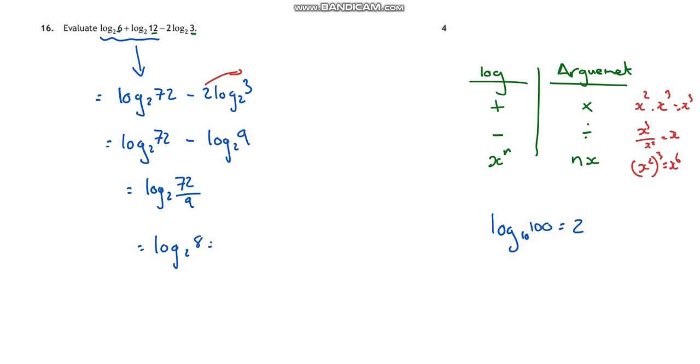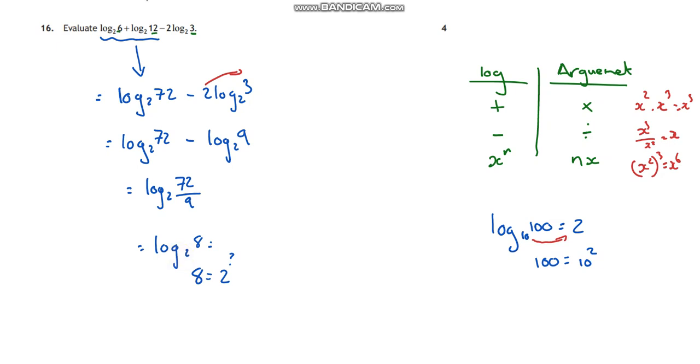The other way to visualize it is to imagine this little 10 just moves around over here. So the 100 stays where it is, and that's equal to 10 to the power of 2. That's kind of the way I think of it. So for us, I'd be saying, okay, 2 to the power of what is going to give me 8. And again, you could write that by going, okay, 8 is equal to 2 to the power of what?